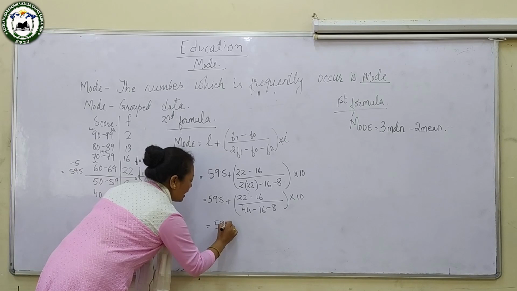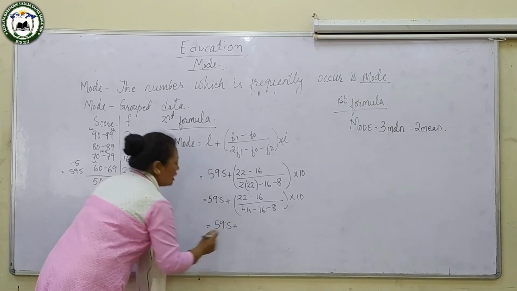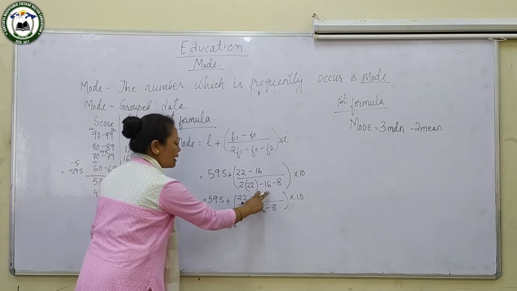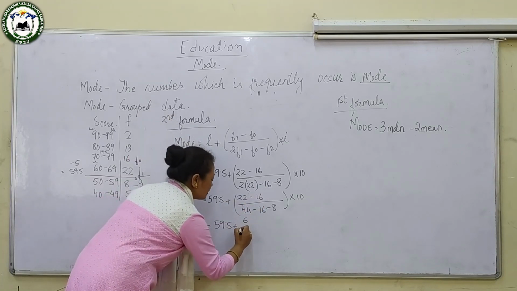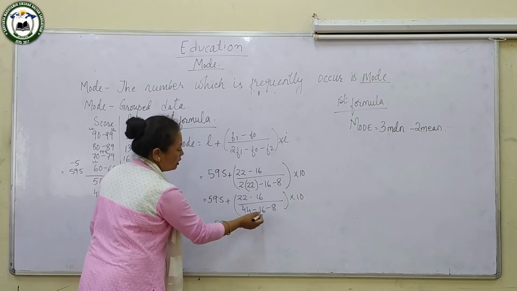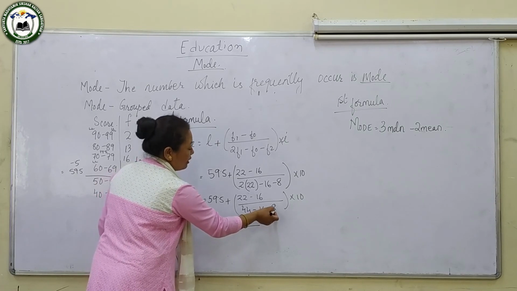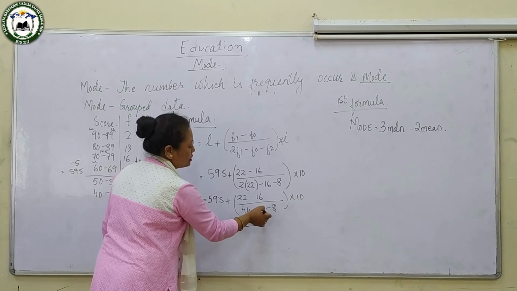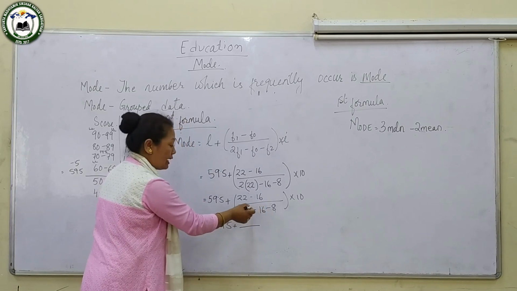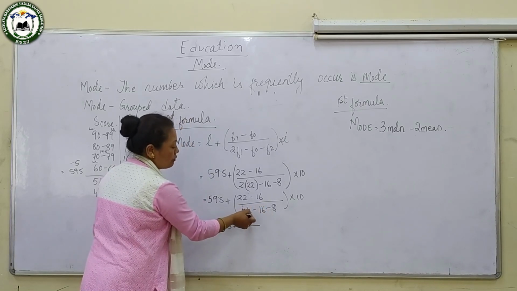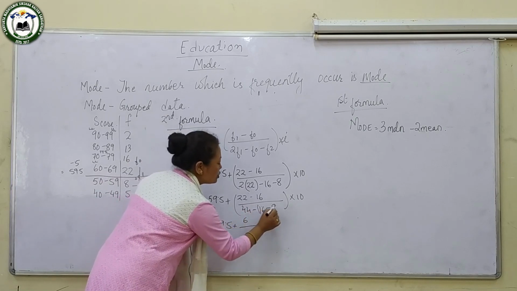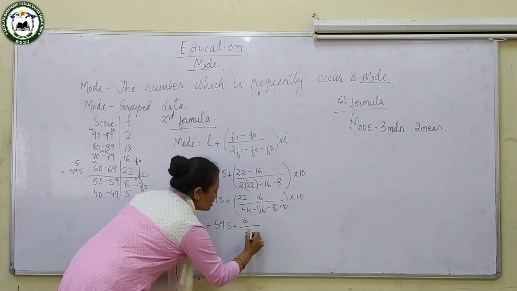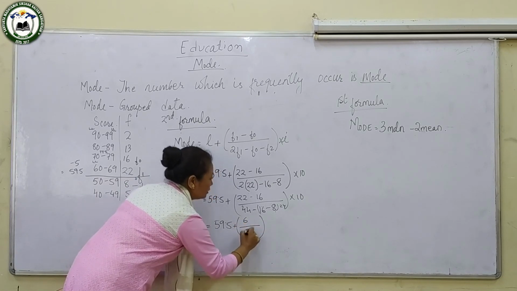So 59.5 plus 22 minus 16, we get 6. So over here 16 and 8: 9, 10, 11, 12, 13, 14. That means we will get 24. Out of 44 you need to subtract this 24. So when you subtract you will get 20.